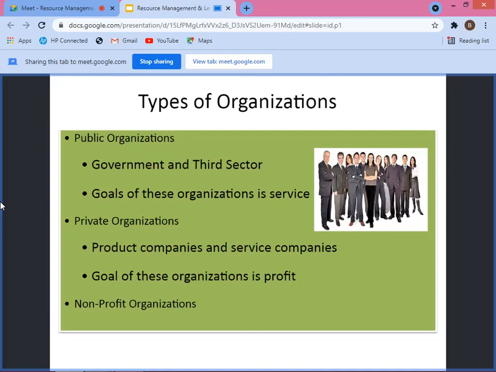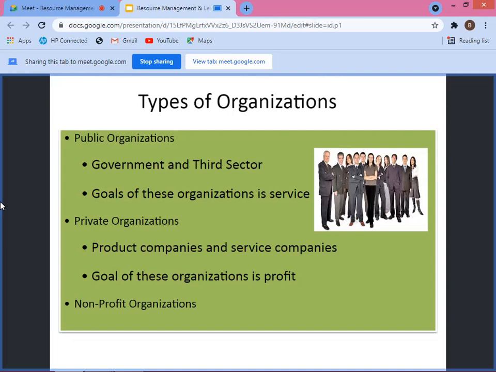This is the kind of organization that provides services, and they must be good at providing all these services, because this is the expectation of the constituency of the leaders of the government sectors.